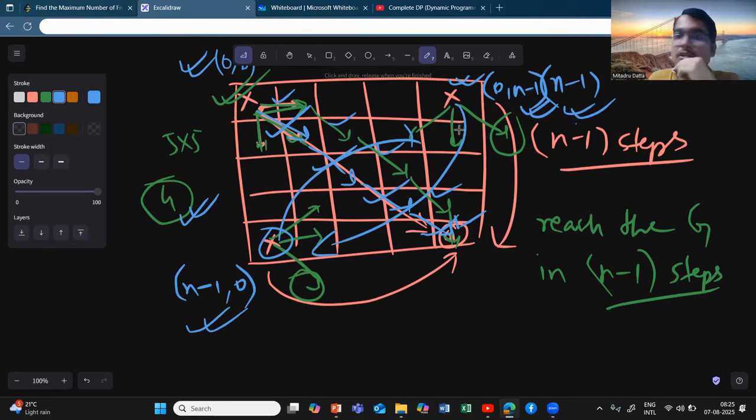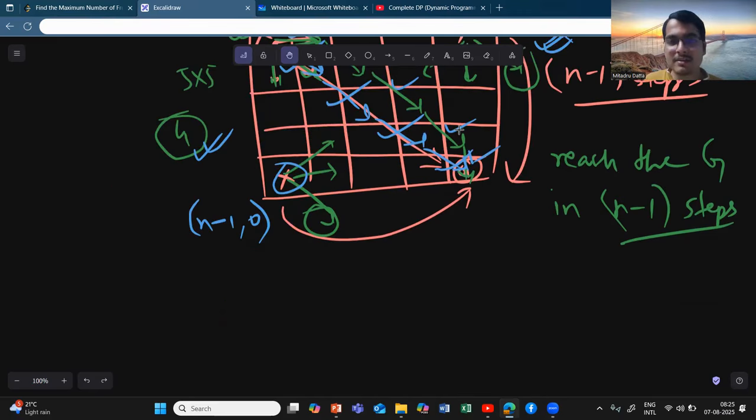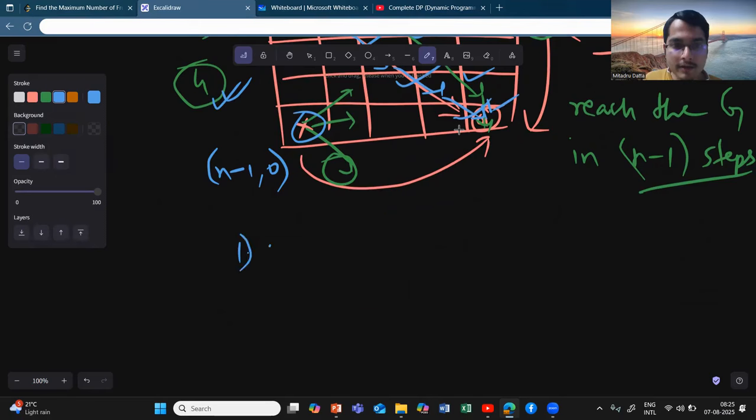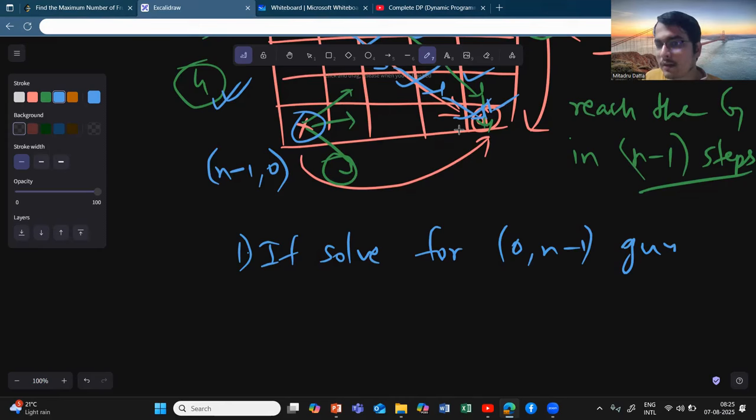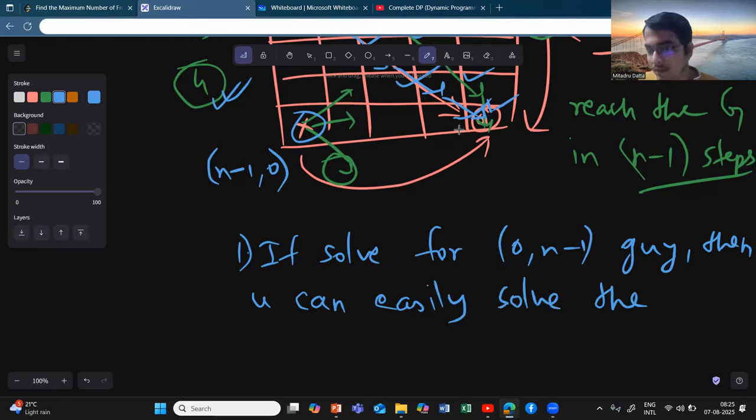Whatever answer you got there, you just run the same function and you will get the answer again. So the first observation, a very simple observation, is that if you solve for this 0 comma n minus 1 guy, then you can easily solve the other case also by taking a simple transpose of the matrix.